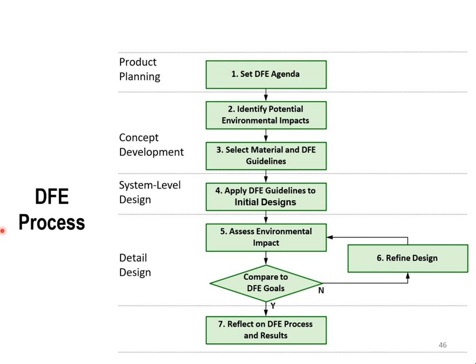In the detailed design stage, assess the environmental impact and compare with the DFE goals. If yes, then go to the next stage. If no, then refine your design and assess the environmental impact again. Finally, if the DFE goals have been passed, you go to the process improvement by reflecting on the DFE process and the results for your design.